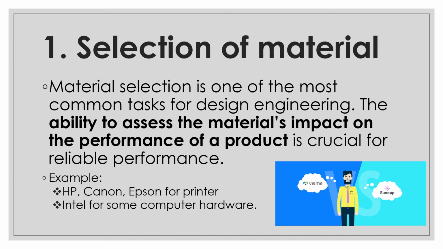Another example is for some computer hardware, we are going to choose Intel. The reason for that is that sometimes buyers are also considering the label or the name of the company which are producing great quality of materials and are known in the market.